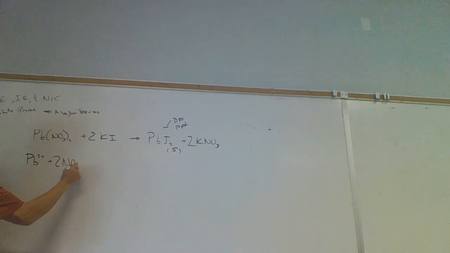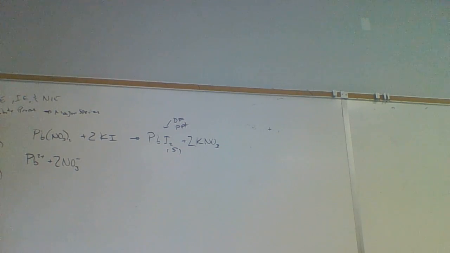To keep everything balanced, I'm going to write 2 nitrates, so for every lead that gets torn off the lattice, 2 nitrates. What does CE stand for again? CE stands for the complete equation.